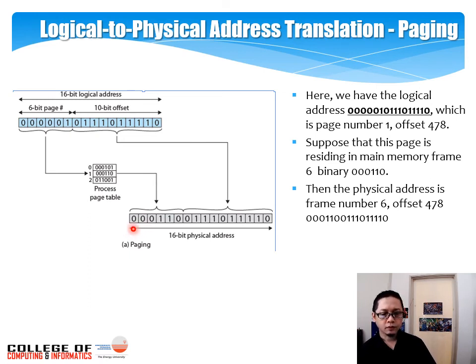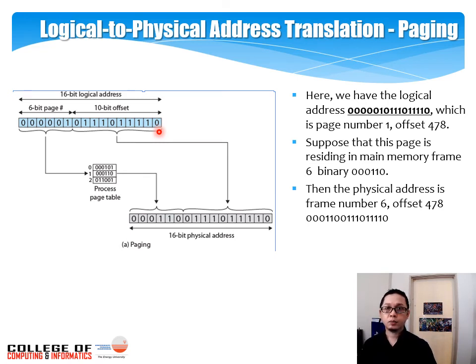So now you have 0 0 0 1 1 0, which you get from the page table, and then the last 10 bits are the ones you take from the original logical address. This is how you translate from logical to physical address in the paging approach.